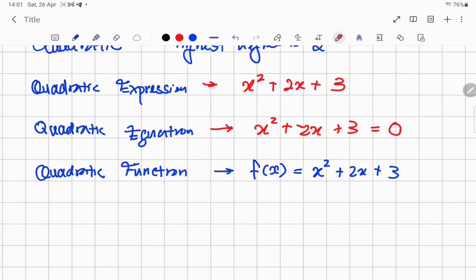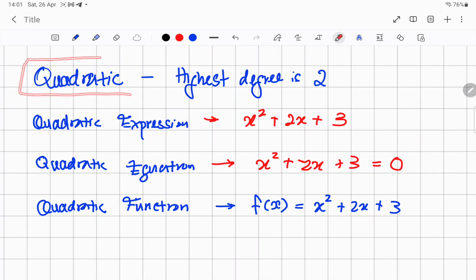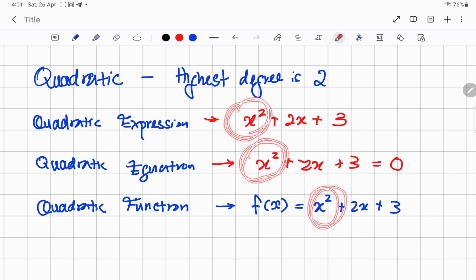So as I say, anything mentioned with quadratic, your highest degree is 2. If you observe quadratic expression, quadratic equation, quadratic function here, the similarity is that the highest power is x squared only.